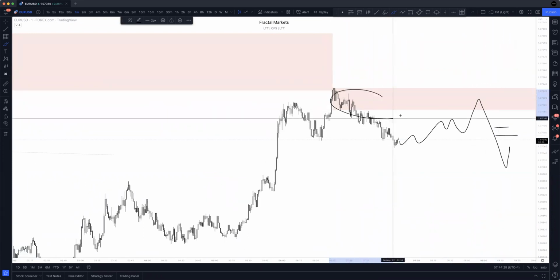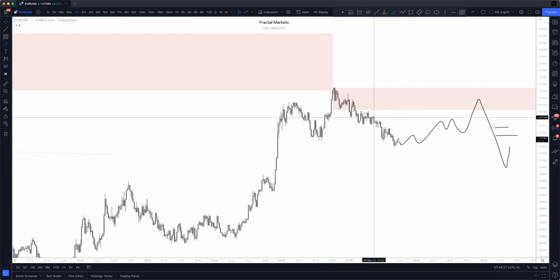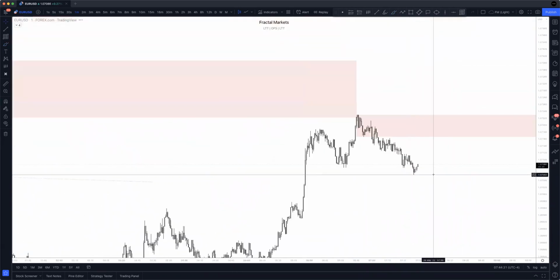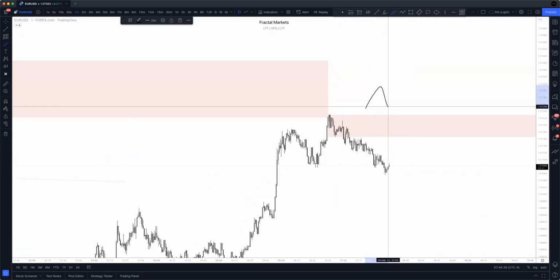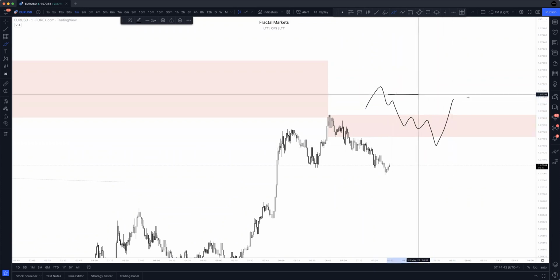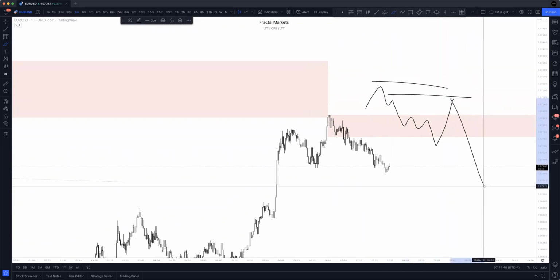Because this is pretty messy PA to select any sort of POI, at least for me personally. So in circumstances like this, I'm not necessarily going to be the first one in. If we would have had something along the lines of, okay, we've broken down levels, and then we have the unmitigated extreme like this, that would be a little bit better.